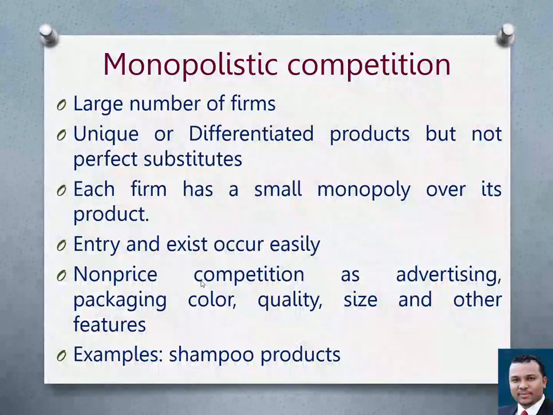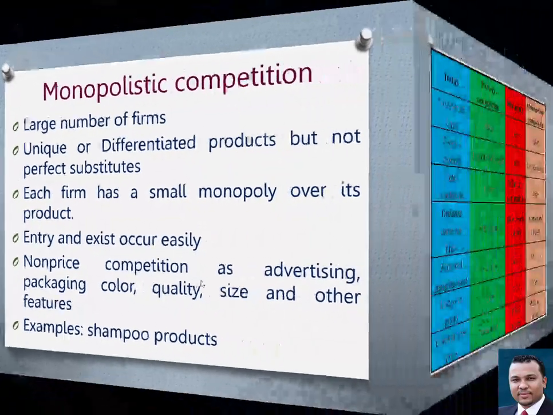So in short, in monopolistic competition, firms compete in factors other than price. Examples: advertising, quality, and so on. Examples for monopolistic competition are shampoo products and deodorant products. In this case, we talk about features and differences between the firms that produce this product.